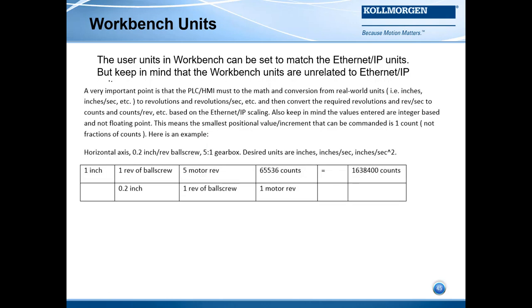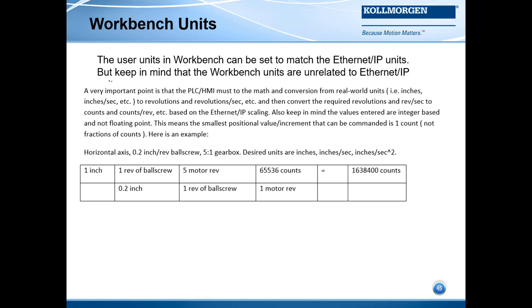So here's an example of the PLC doing the math. Let's say that the HMI sets the target distance as 1 inch, and we have a ball screw that has a 0.2 inch per rev lead on it, with a 5-to-1 gearbox. You want to work in inches per second squared.